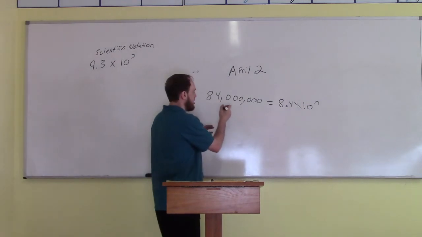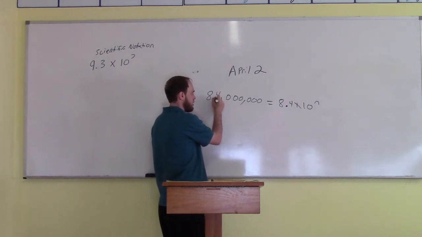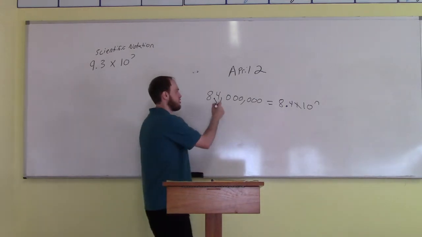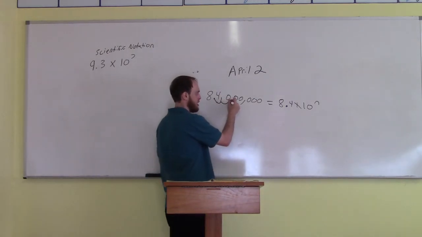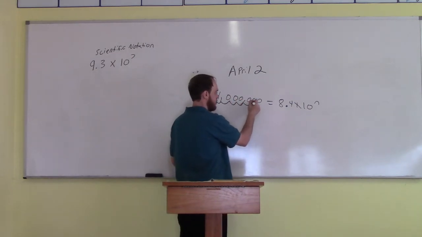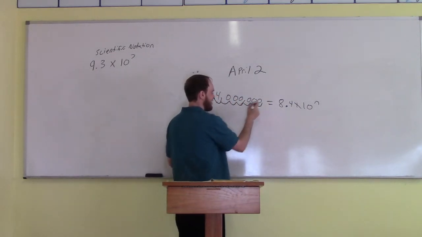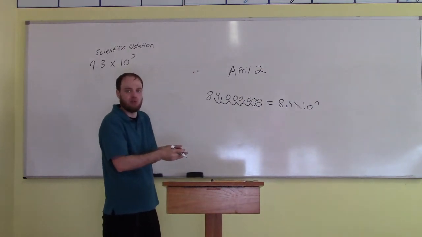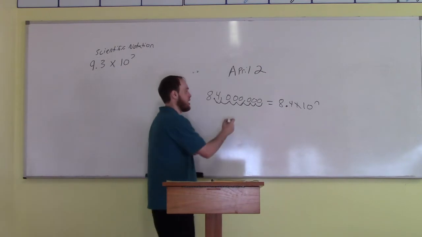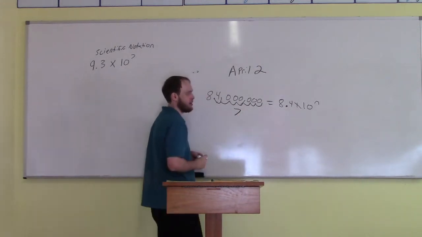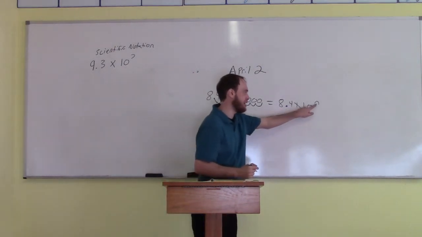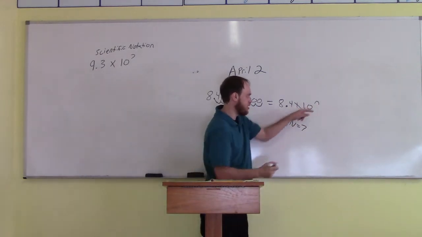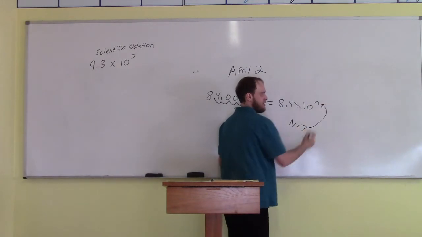Then I'm just going to count the places to the end: 1, 2, 3, 4, 5, 6, 7. However many decimal places that is, that is what the exponent over the 10 is going to be. That is 7 decimal places, so n will equal 7, and a 7 goes into that place there.